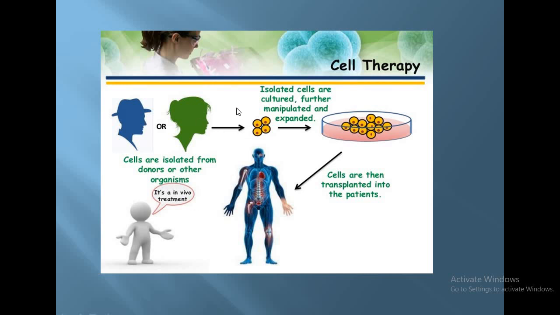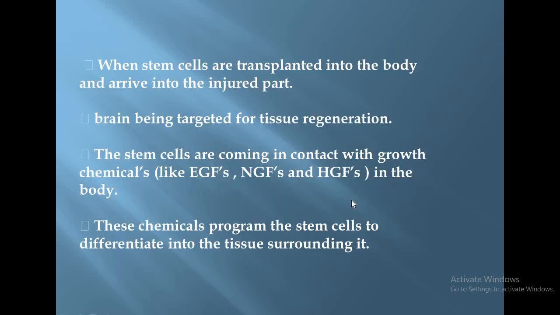Then these isolated cells are cultured, further manipulated, and expanded. And then these expanded or cultured stem cells are transplanted into the patient. This is the process used in regenerative medicine.